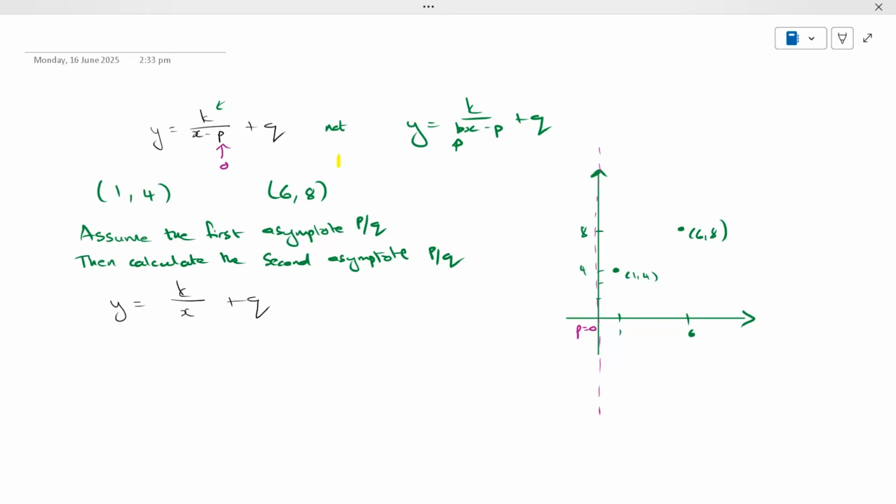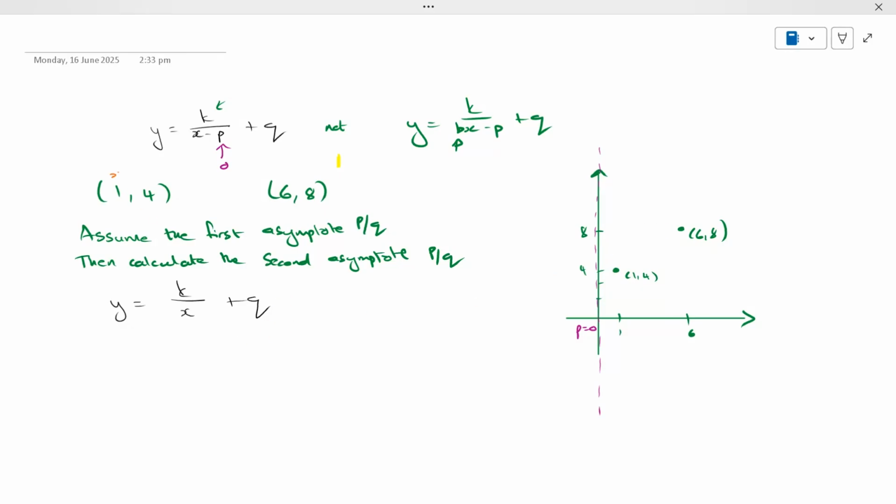Now I can substitute and solve to get k and q, and automatically this q value will form itself. Remember that's going to be the dotted line. This could be my upper asymptote most likely, but we're going to calculate that horizontal asymptote. If it goes this way, then it won't actually be at the bottom, it'll be like that. Let's have a look.